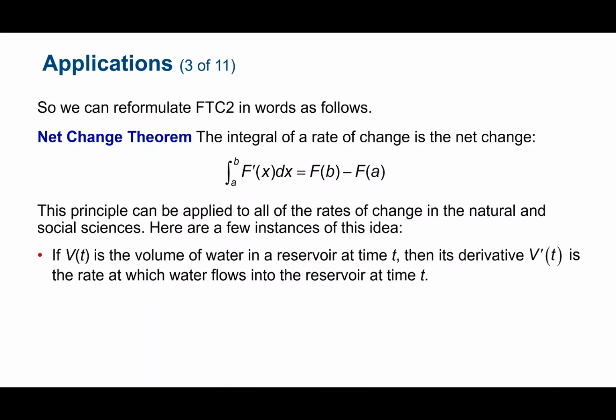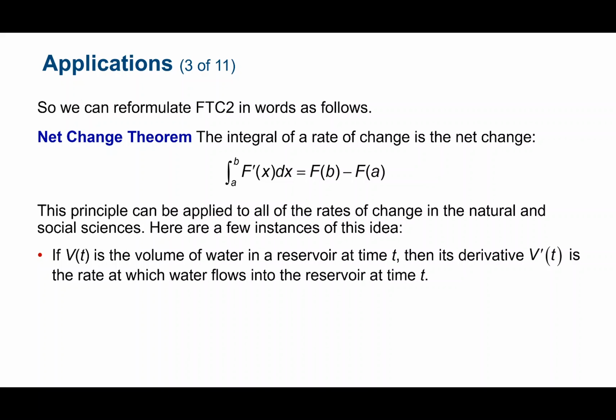Here's one concrete example. If we've got a function V of t, the volume of water at time t, that function models how much water is in this reservoir at a certain time. Then the derivative, V prime of t, would be the rate of change of water, so that would be the inflow or the outflow at time t.